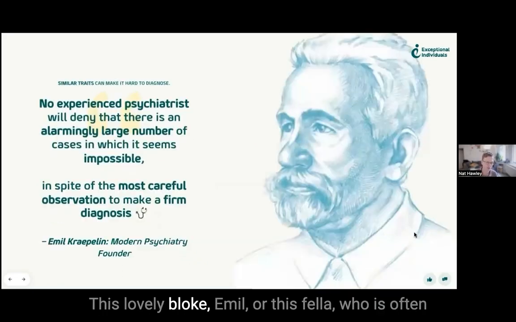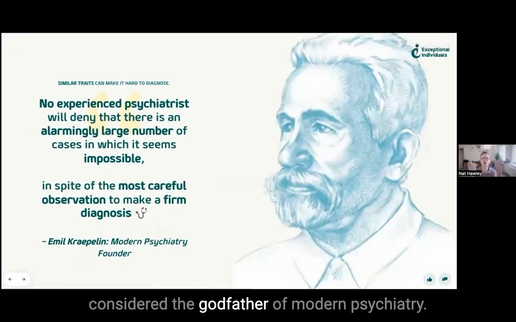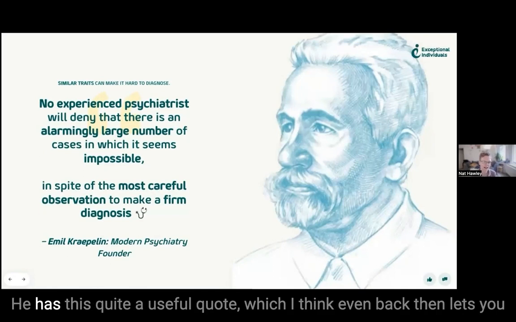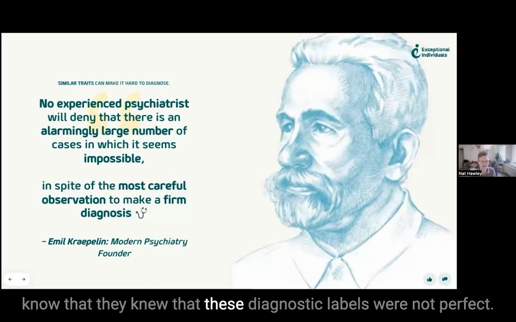This lovely bloke, Emil, or this fella, who is often considered the godfather of modern psychiatry, has a quite useful quote, which I think even back then lets you know that they knew that these diagnostic labels were not perfect.